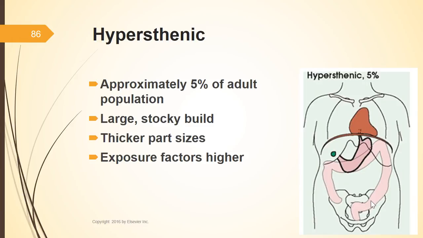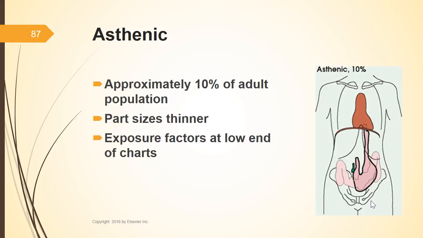So it is something you do need to understand. And then you have the asthenic, which is only 10% of adult populations. These are very slender body habitus, accounts for smaller sizes, and these exposure factors are going to be more of the lower end of the chart. The hypersthenic and the asthenic body habitus types are more extreme and less common.